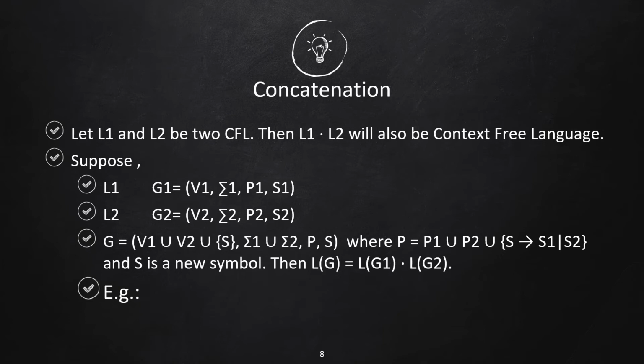The grammar for L1 dot L2 will be V1 union V2 union S. Here S is a new symbol, with the production S goes to S1 S2, which is included in the new production of L1 dot L2. Now let us take an example for concatenation.